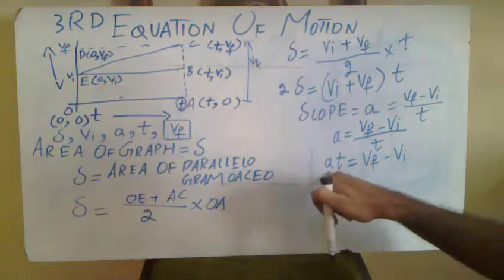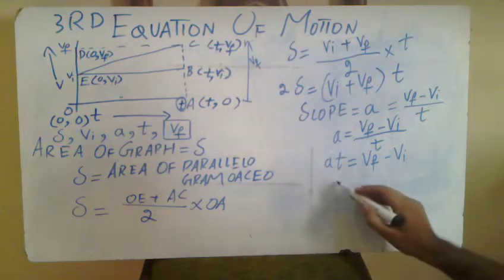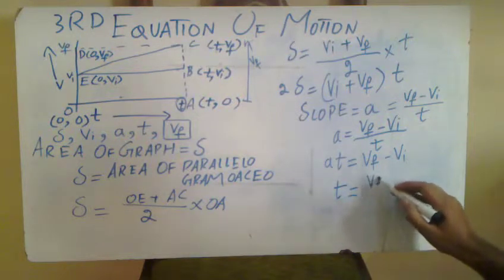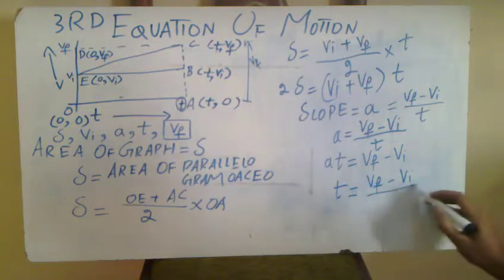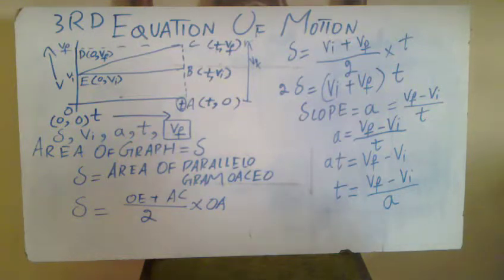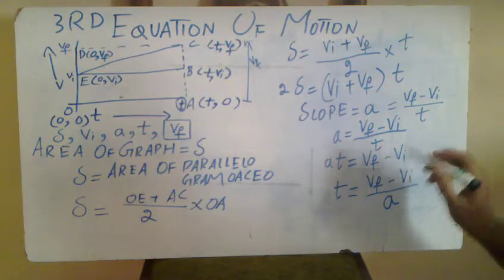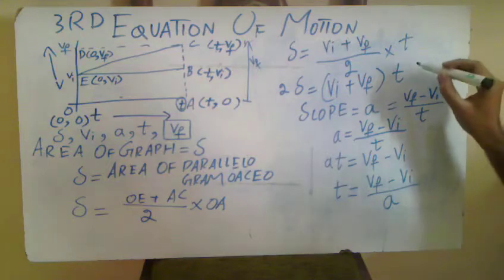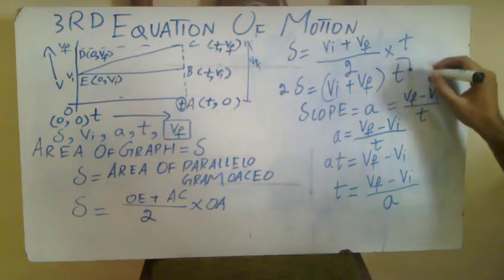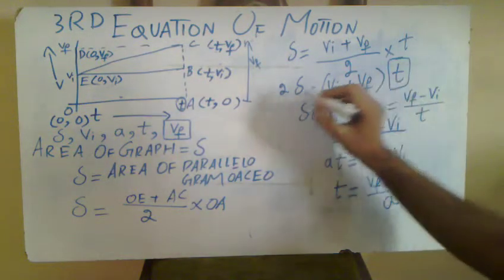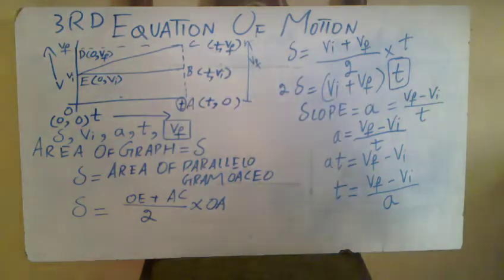A is multiplying here, so it will go here, divide, we will get T is equal to Vf minus Vi by A. So what we have done is we have calculated the value of T so that we could eliminate this T factor from this equation.